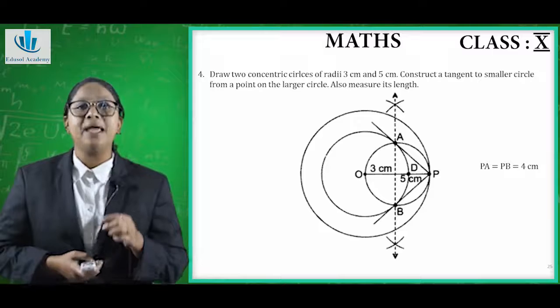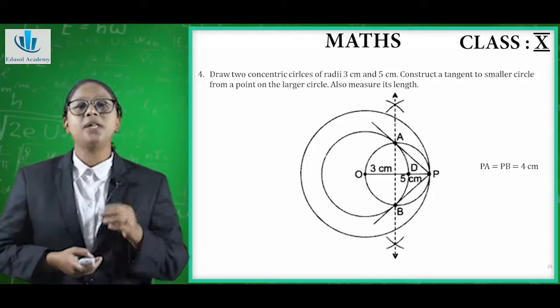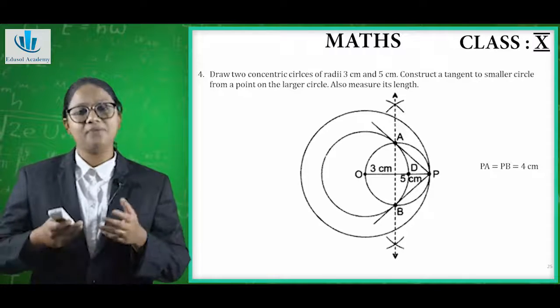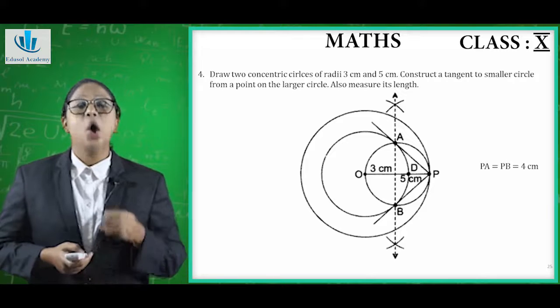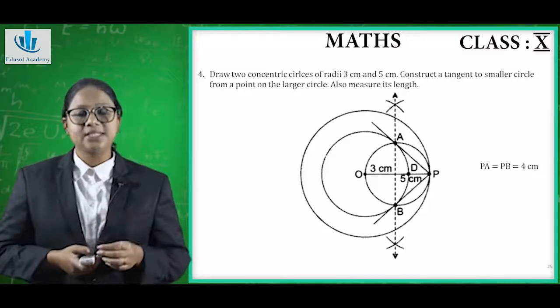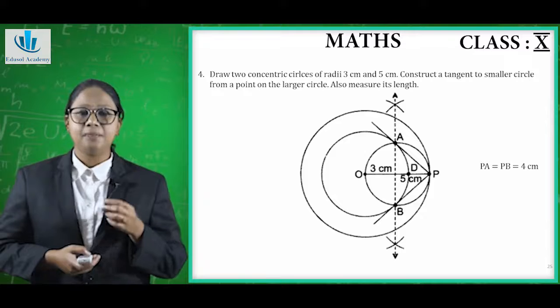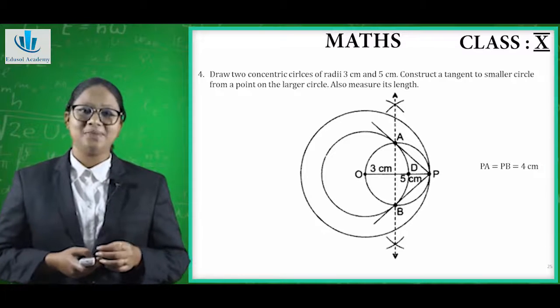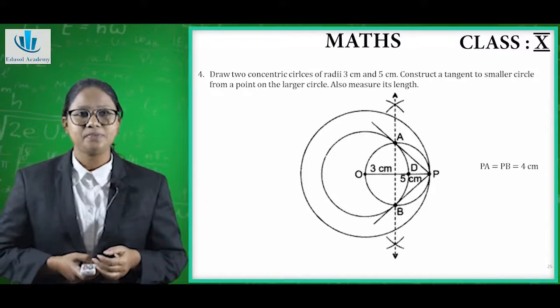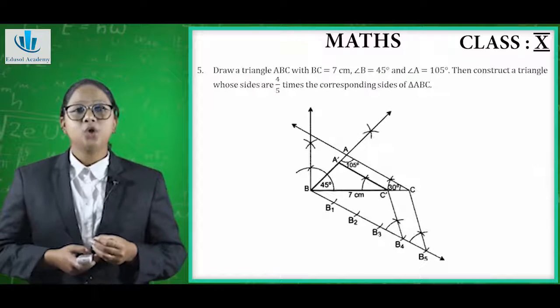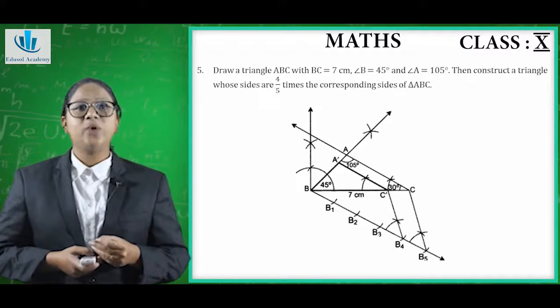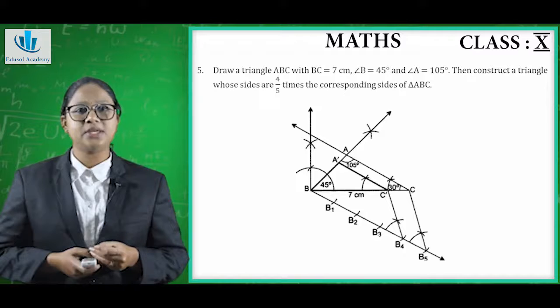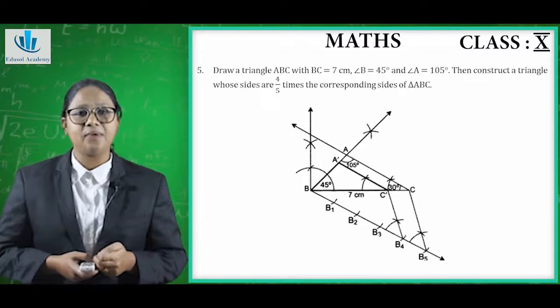We can name them A and B. Join PA and PB and we will get the tangents. And on measuring, we got that PA and PB both measure 4 centimeter. You shall try it.